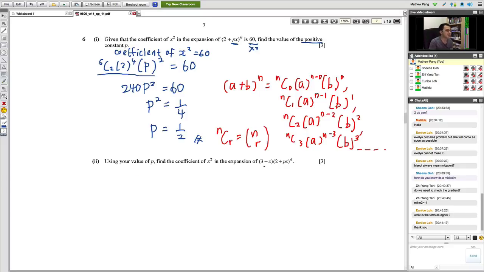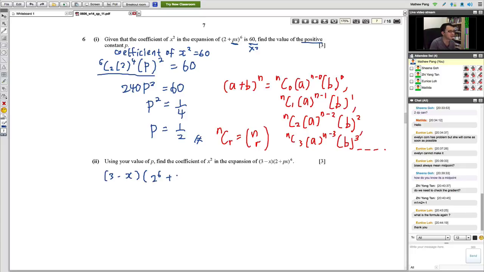Using the value of p, find the coefficient of x power of 2 in this expansion. So it's very easy. So yeah, you have 3 minus x. In order to find the coefficient of x power of 2, I just need to expand x power 1 and 2. Okay, but if you want to expand all, it's okay lah. So this is 2 power 6, the first term.